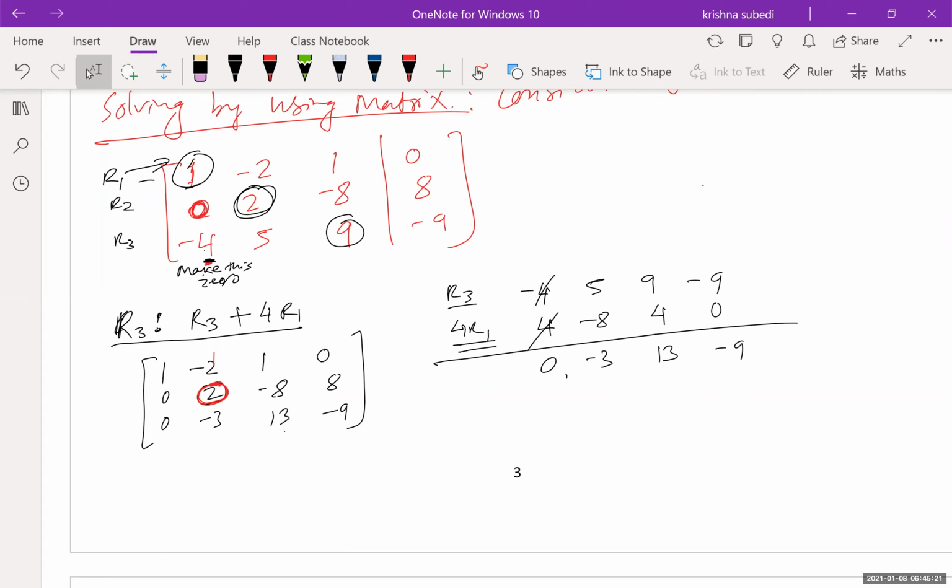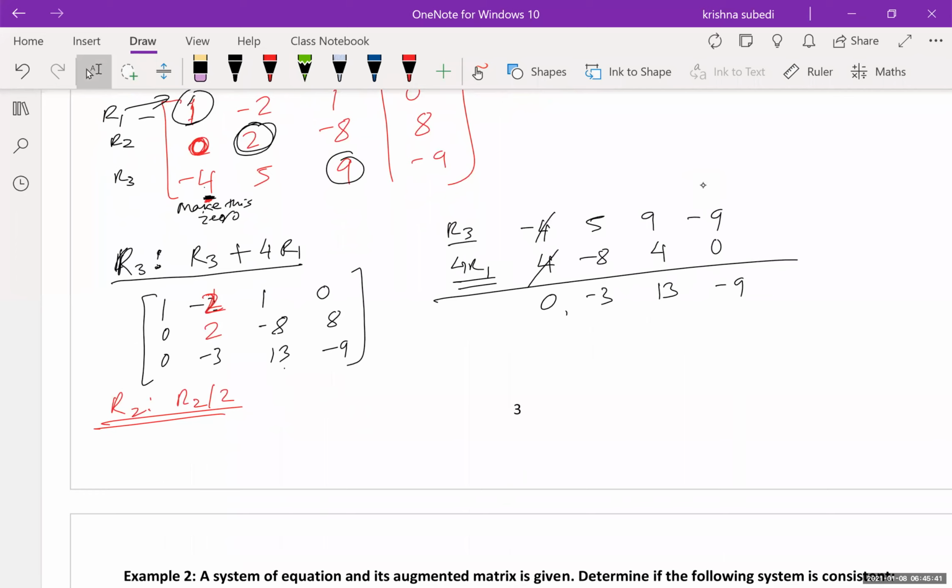Now, if you want to make your life easy, maybe you can take this common. In R2, I want to do R2 divided by 2, so that it will change into 1, -2, 1, 0.